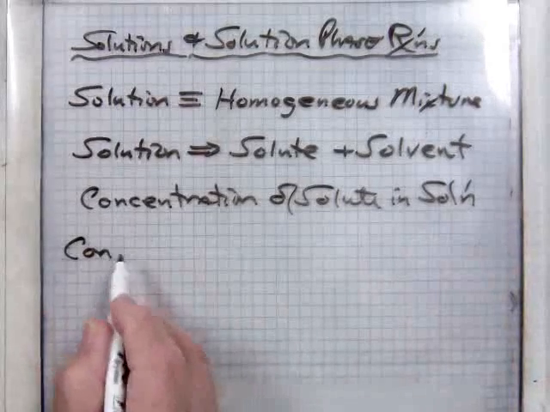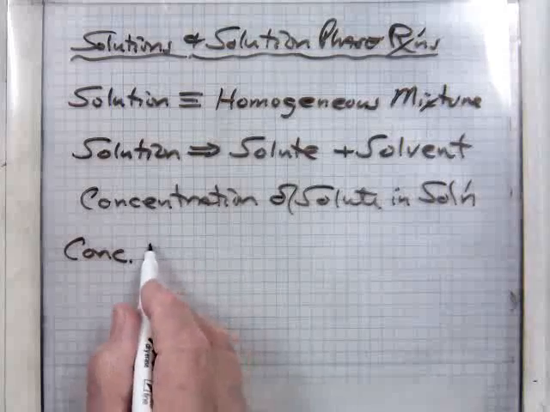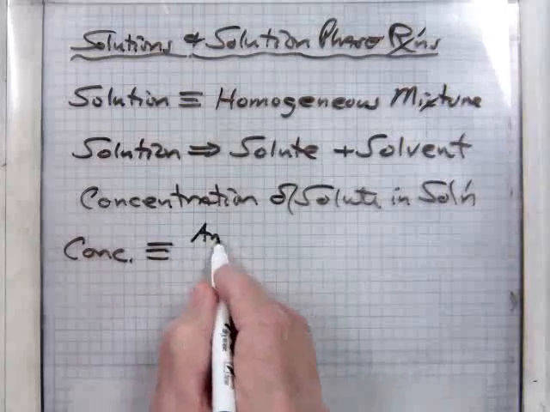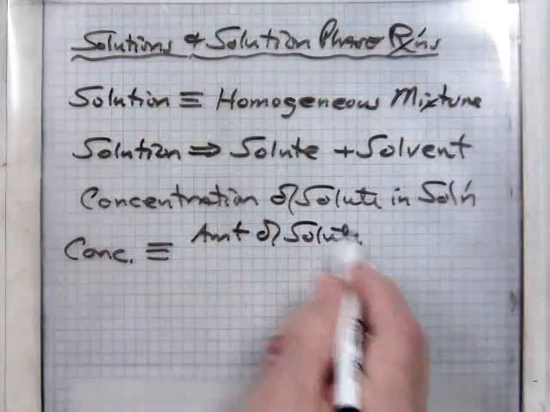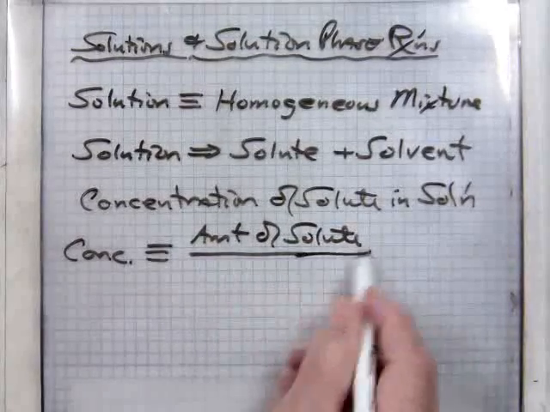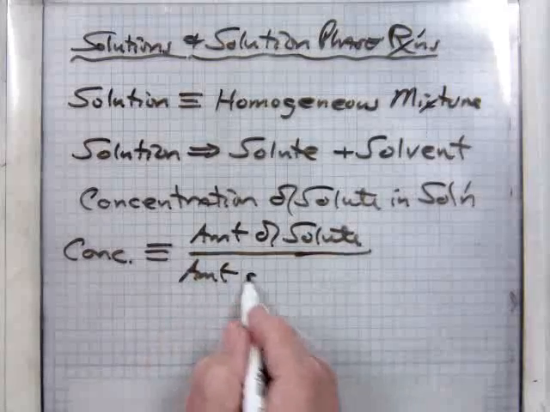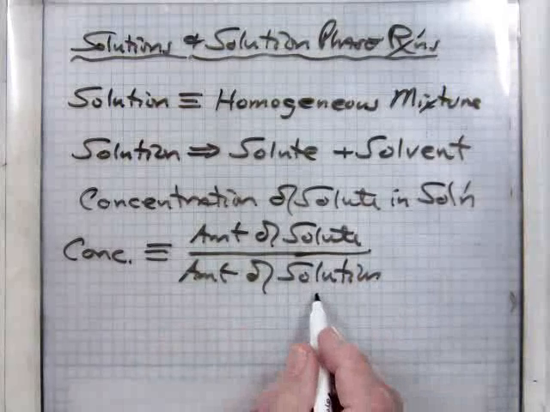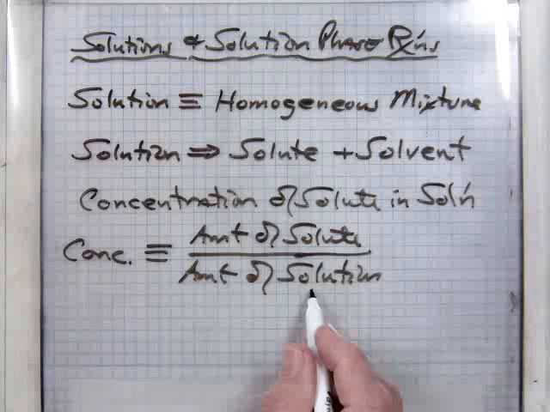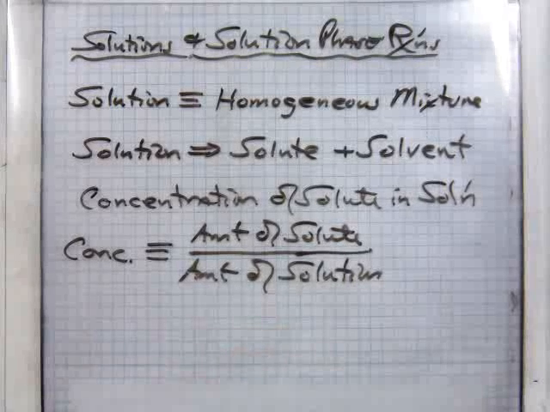Concentration terms, CONC, by definition is the amount of solute in an amount of solution. Now, that is the two components of the solution, solute and solvent in the denominator. And that comes into play in many problems, but we're not going to deal with that right here.